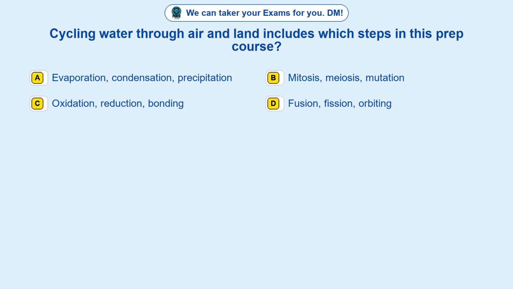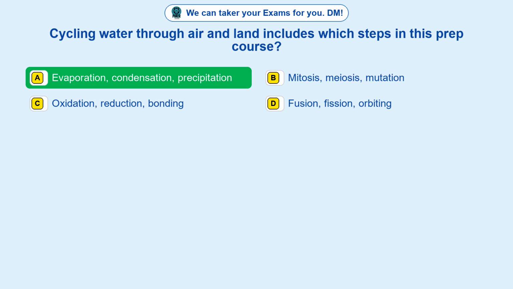Question 87. Cycling water through air and land includes which steps in this prep course? Option A, evaporation, condensation, precipitation. Option B, mitosis, meiosis, mutation. Option C, oxidation, reduction, bonding. Option D, fusion, fission, orbiting.